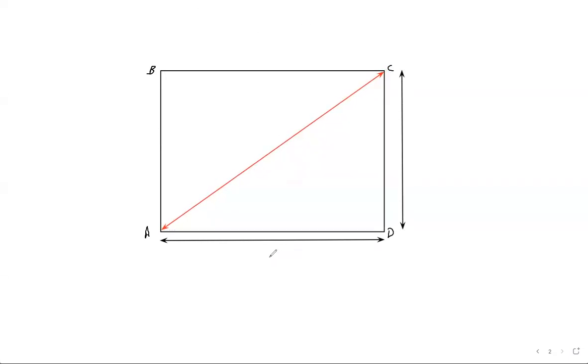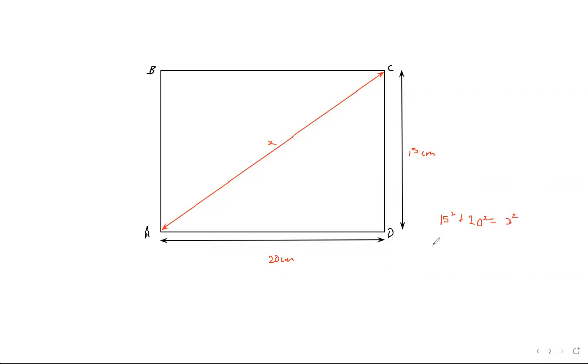Okay, so we have 20 centimeters here. We have 15 here. Now you want to find this distance. So using Pythagoras, you'll get 15 squared plus 20 squared is going to be equal to AC squared.